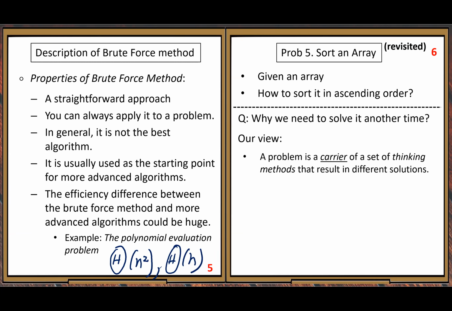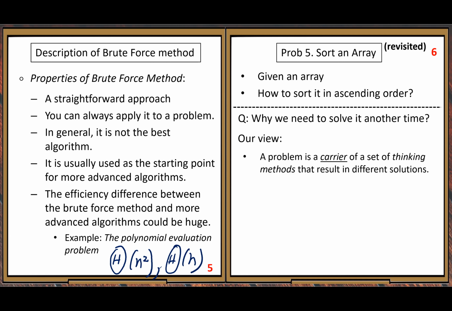The sorting problem can hold multiple, different thinking methods for us. For example, we have 3 methods we can use to solve this problem. These 3 methods will be very useful in our real world problem solving.